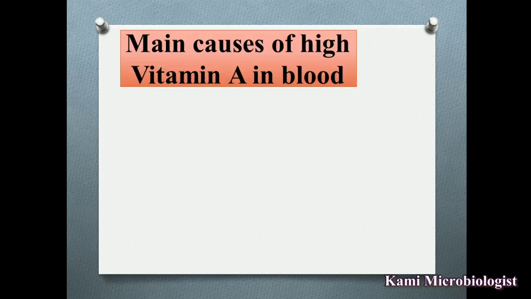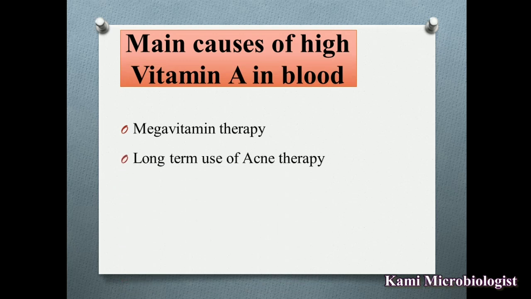Let's see the main causes of high vitamin A in the blood. It is due to mega vitamin therapy. If a person has vitamin A deficiency and treats themselves using mega vitamins, by doing this treatment a lot, there will be high vitamin A in the blood. Next we have long-term use of acne therapy.